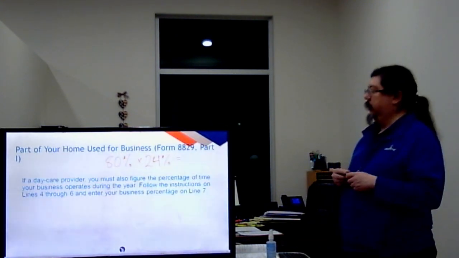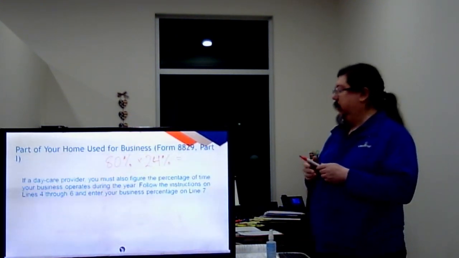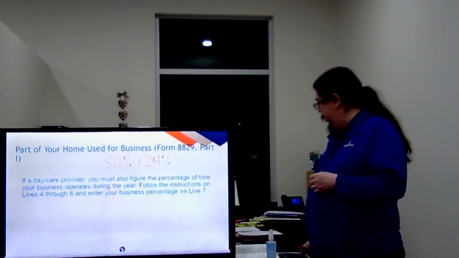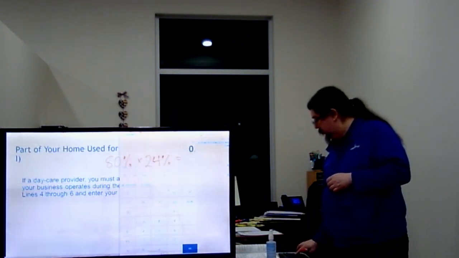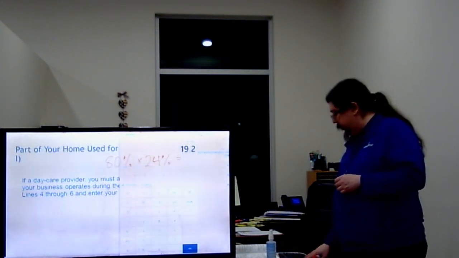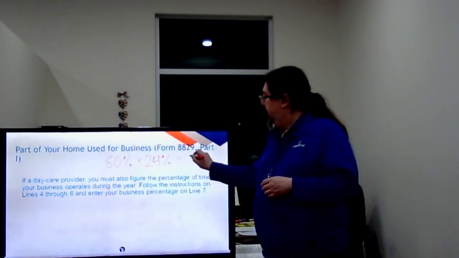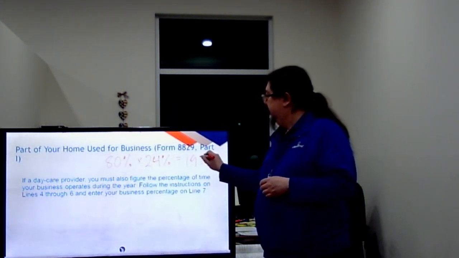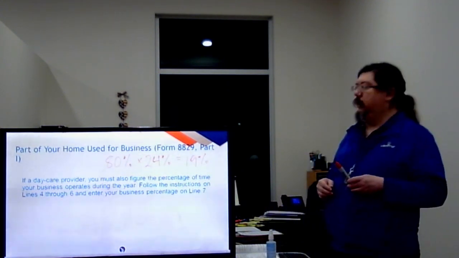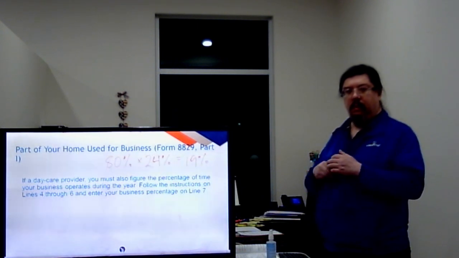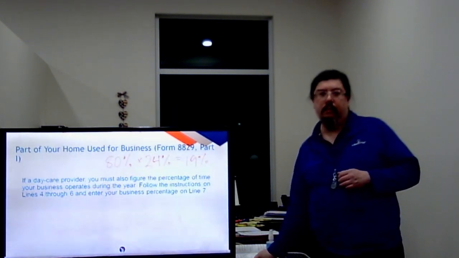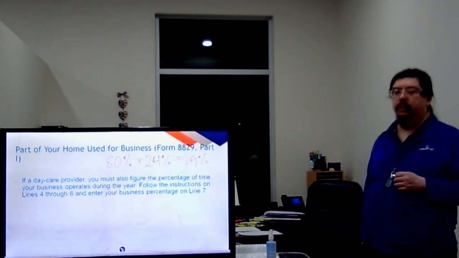I'm not really sure what the requirement is for how many decimal places to keep on that, but see, 80% of 24% is 19.2%. So maybe round that to 19%, just for demonstration purposes. Definitely, you would think from first glance that you would be getting a larger percentage if you're basically using your entire home for the majority of the day.